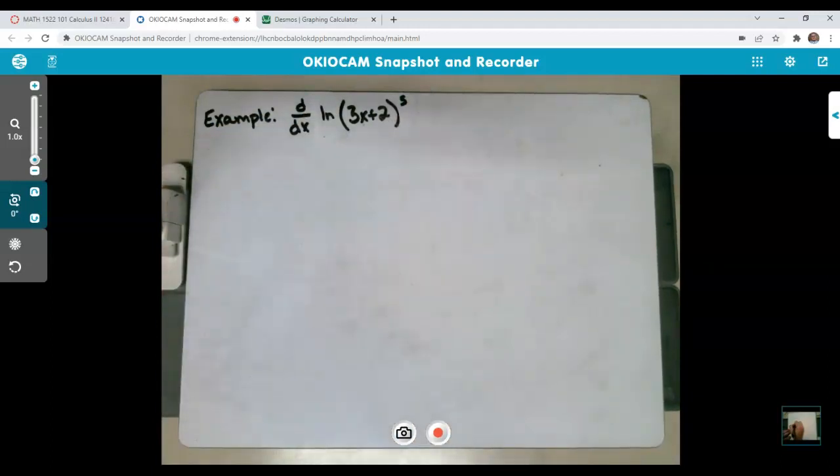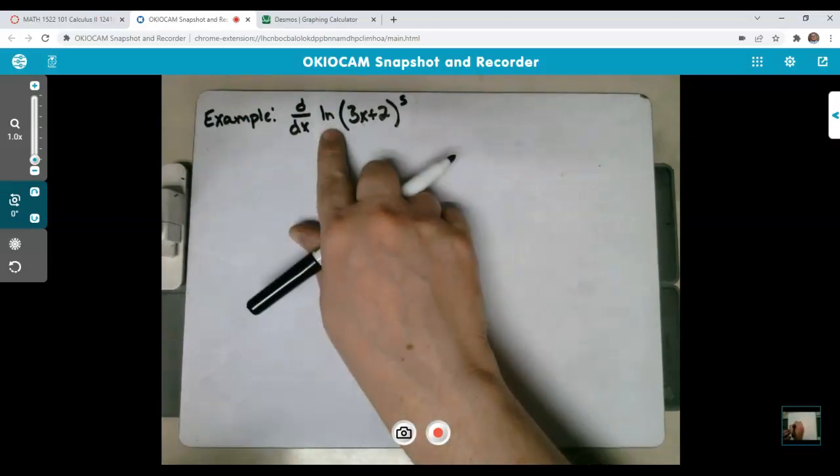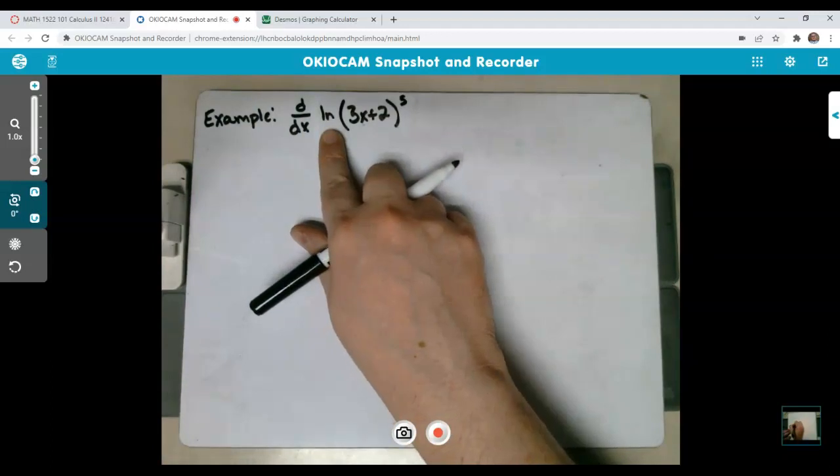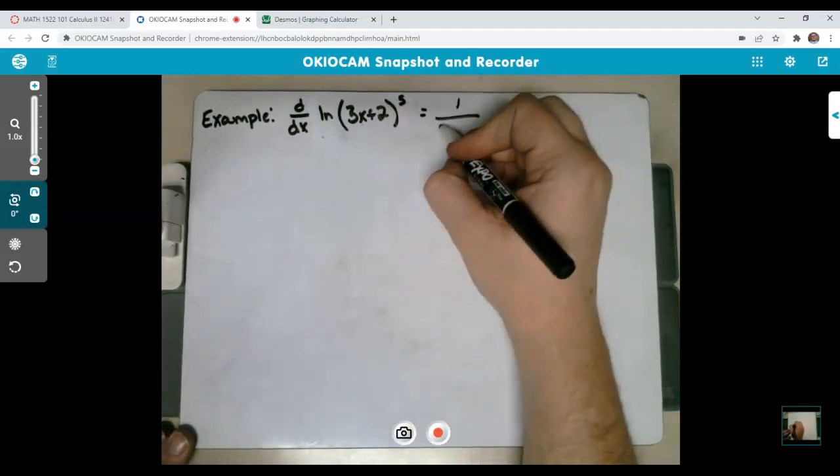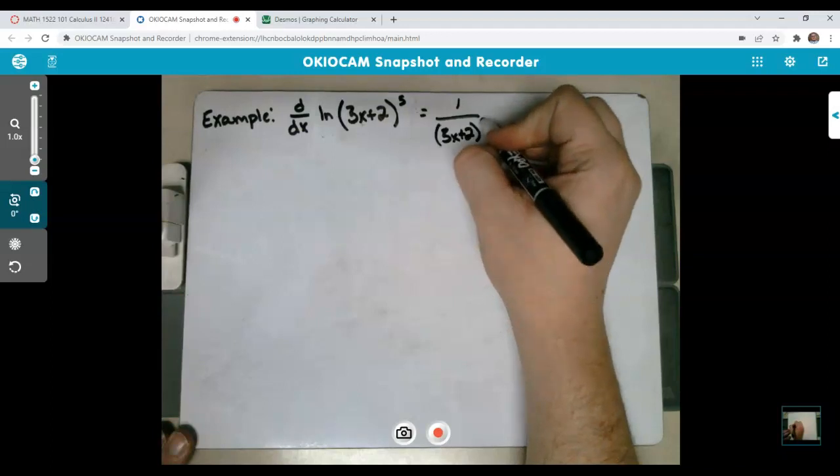The reason we need to make sure that's clear is because when I use the chain rule, I need to know what the outermost part is. For this case, it's the logarithm. So by the chain rule, I do the logarithm part to start with. We know that's 1 over all the stuff, so 1 over 3x plus 2 to the 5th.